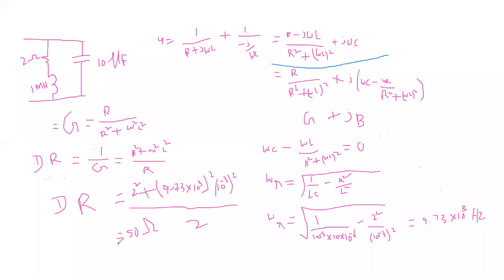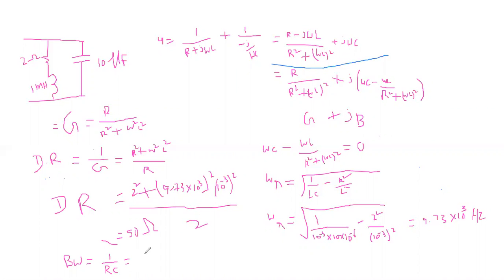Bandwidth. For the tank circuit we derived bandwidth equal to 1 by RC. In the parallel circuit we derived bandwidth as 1 by RC. So what is the value?